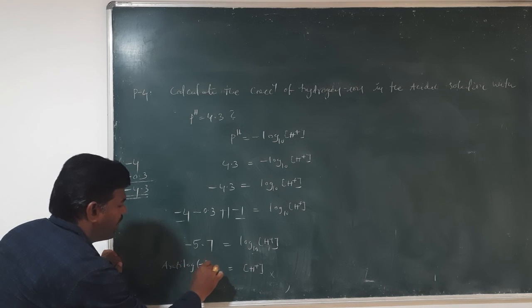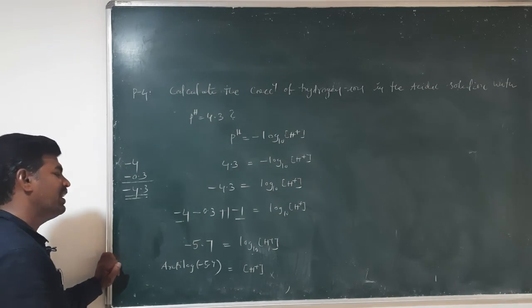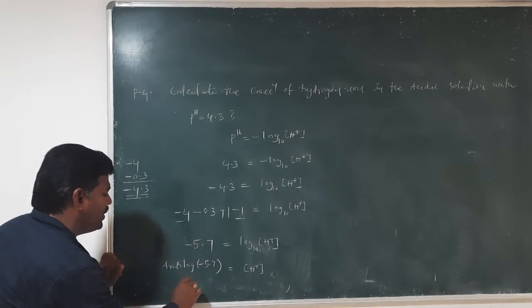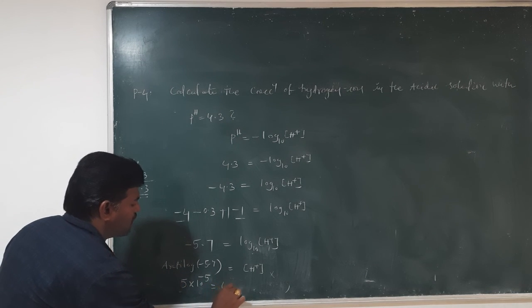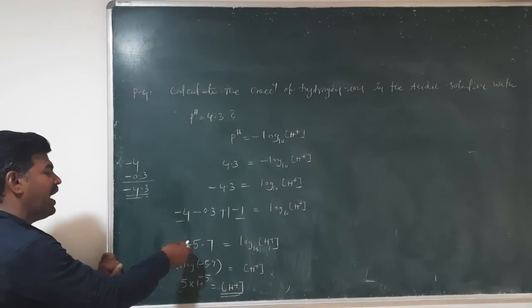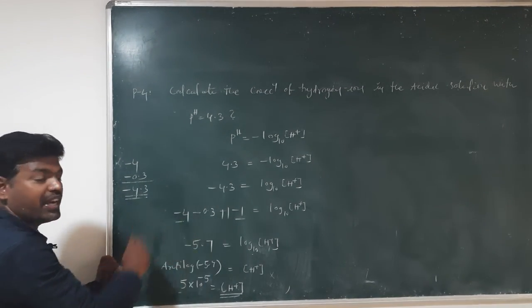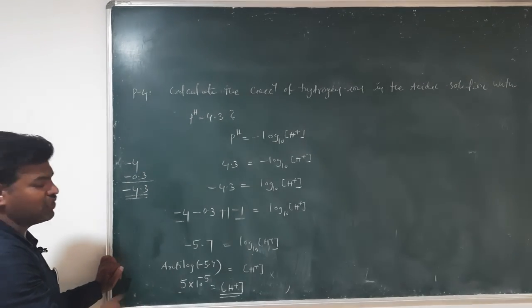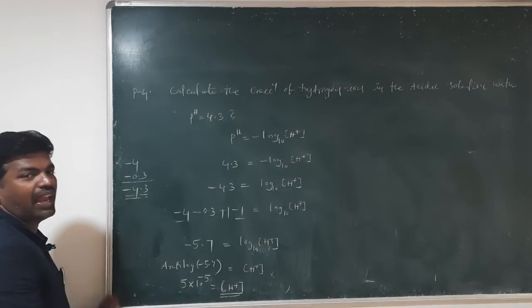So the antilog of minus 5.7 comes out to be 5 into 10 power minus 5. How can I write this? Minus 5 can be written as 10 power minus 5 and the antilog of 0.7 is 5. So 5 into 10 power minus 5 is the concentration of H plus ions.